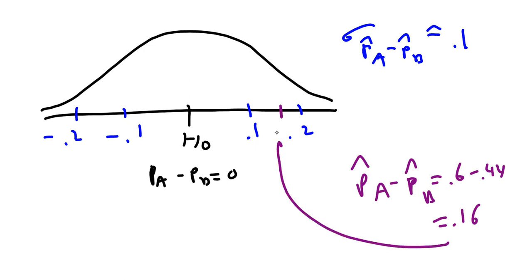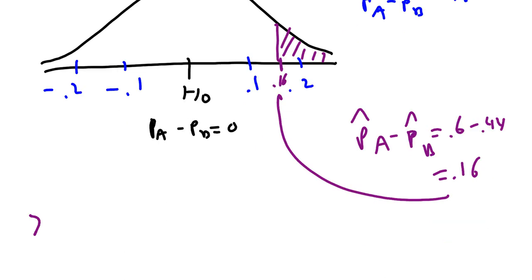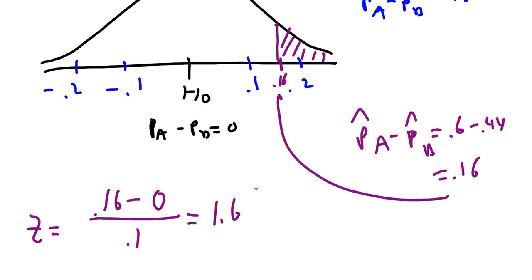So I'll put it right there, 0.16. And since HA said that it was greater than 0, we should shade to the right. And we're just about there. We need a z-score now. So z is going to be our difference of 0.16 minus HO of 0 over our standard deviation, which is 0.1. So this turns out to be 1.6 standard deviations above the mean.